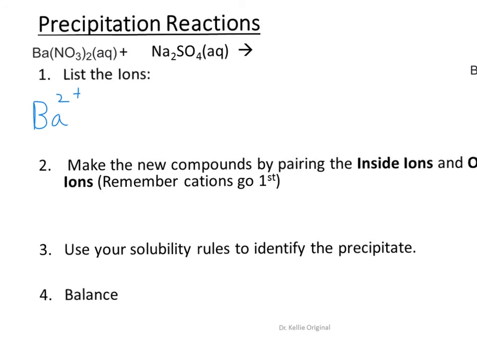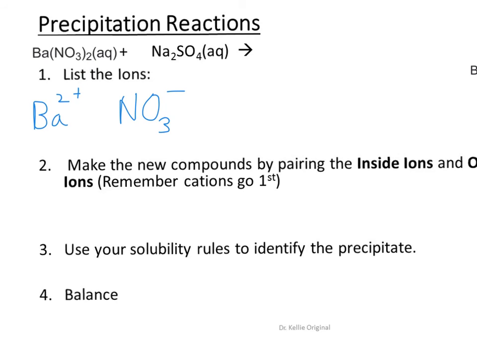You've memorized that nitrate is NO3-. What about this 2 here? We don't care about that 2 here. We won't worry about that 2 until it comes to our balancing step. Right now we're listing the ions. The ion is nitrate, not NO3 sub 2, right?